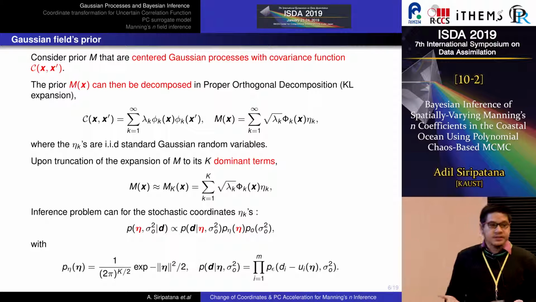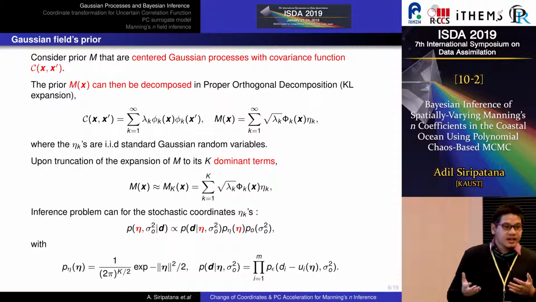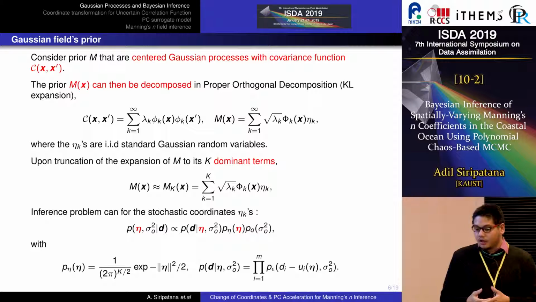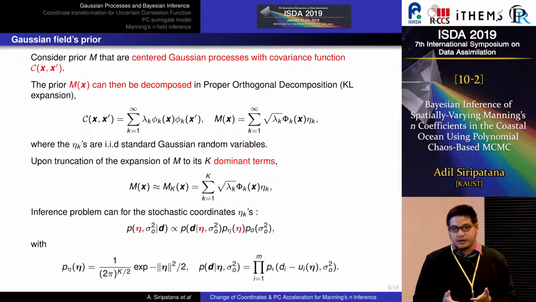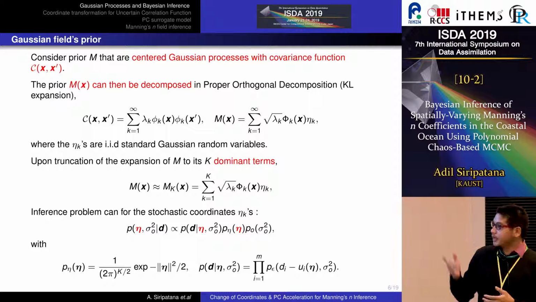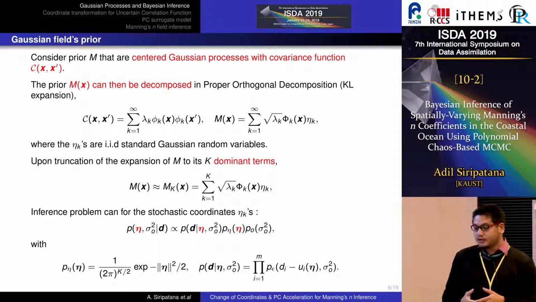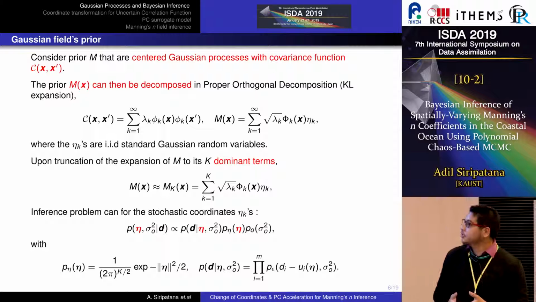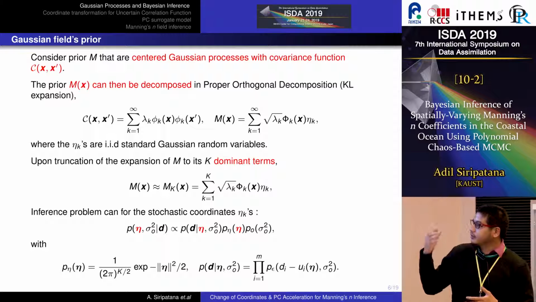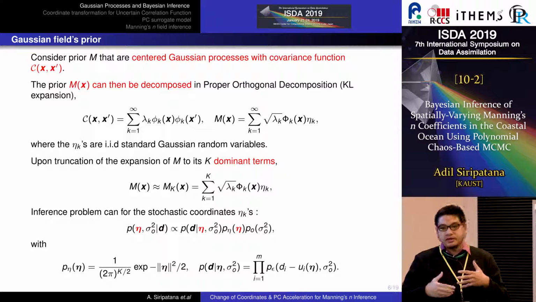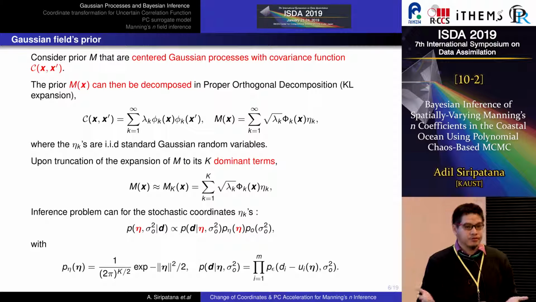If we decompose this C(x, x'), which is the covariance, we will get, of course, the eigenfunctions and eigenvalues, lambda k and psi k. Psi k is the eigenfunction. And we can express this field using the KL decomposition. We have eta k, which is a Gaussian random variable, which characterizes the whole field.